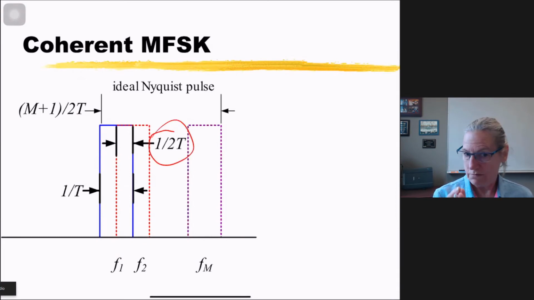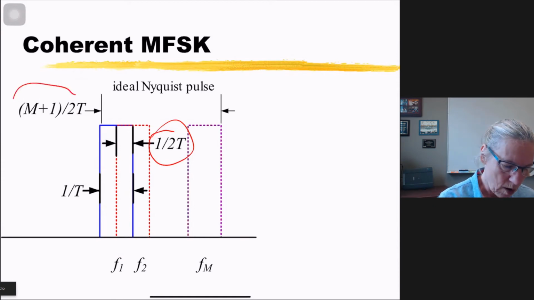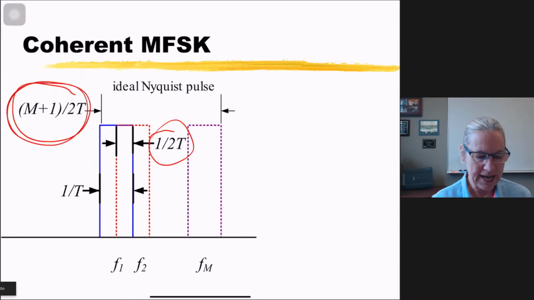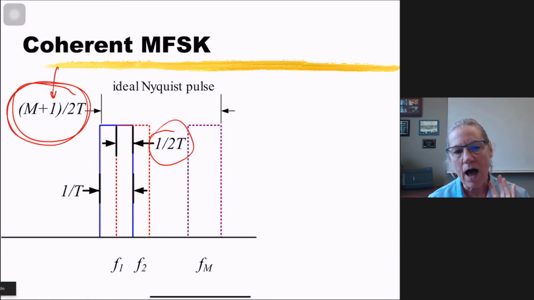Now if I do the measurement, if I put M of them, I'm going to get that it's (M+1) over 2T. The last time I had a 3 here. What's changed is for the rectangular pulses, it's like I occupied an extra slot. So this is the most efficient I can do with FSK, coherent detection, ideal Nyquist pulse. This is really the minimal occupancy I can get for this frequency.